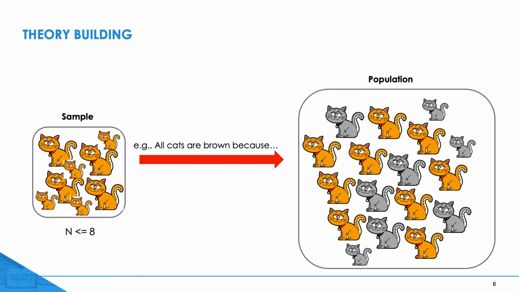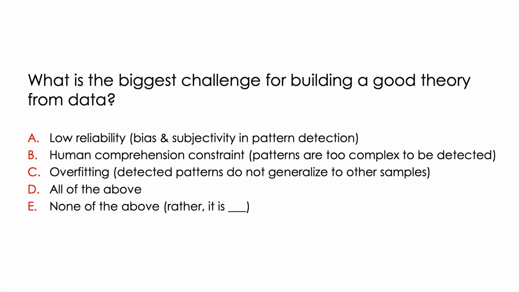Given your sample, then you can draw conclusions or derive explanations of the sample. So with this method, pattern detection and pattern explanation are intertwined and using the same sample. Here, my question for you is, what do you see as the challenge? That when you want to develop a good theory, what are the challenges and what do you see as the biggest one?